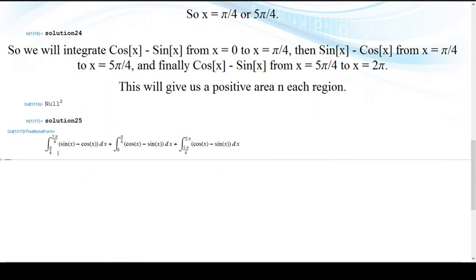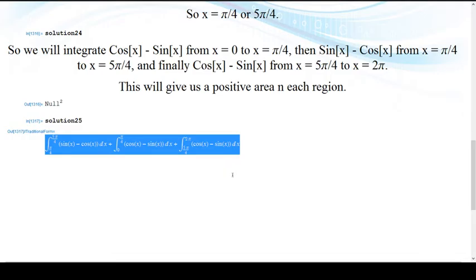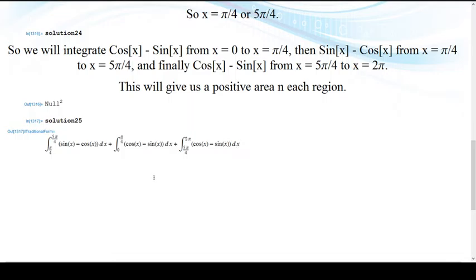Here's our integral, our three integrals, that is. The first region is this one, cosine minus sine on the first region. We have sine minus cosine on the second region, and cosine minus sine on the third region. Now the antiderivatives of each of these are easy. The indefinite integral of sine is negative cosine plus c.